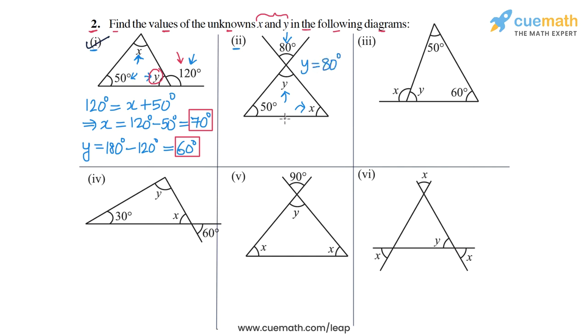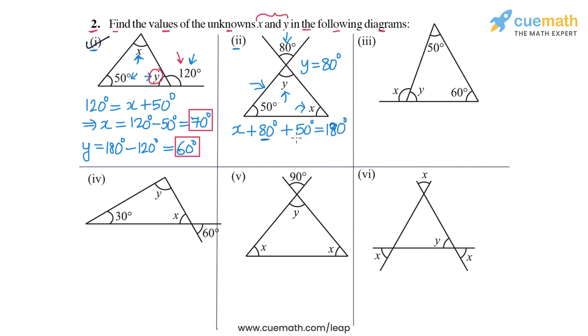And now to find x, we can apply the angle sum property to this triangle. The angle sum property says that the sum of the interior angles of a triangle will be 180 degrees. So we can say that x plus y, so let me write 80 degrees for y, plus 50 degrees, this sum should be equal to 180 degrees.